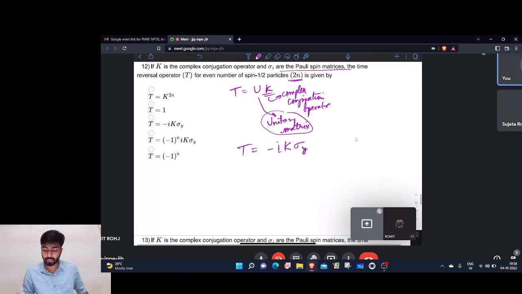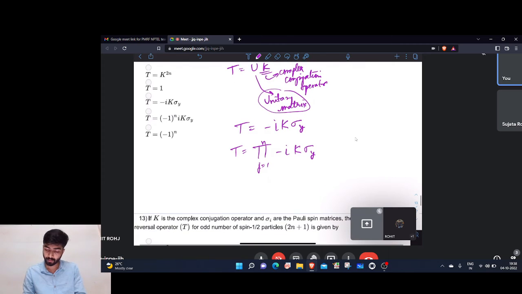So for an even number of spin half particles, one has to take the product of all these, so the cumulative product, which runs over j from 1 to n, and n here is 2n. So what I would do here is minus i K sigma Y, and let's say n is even, so n can be taken as 2n.